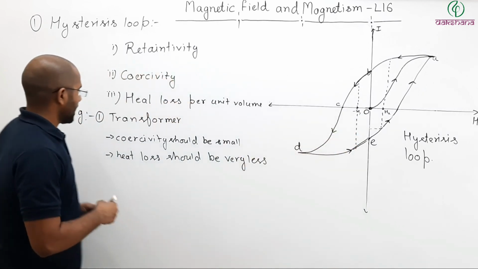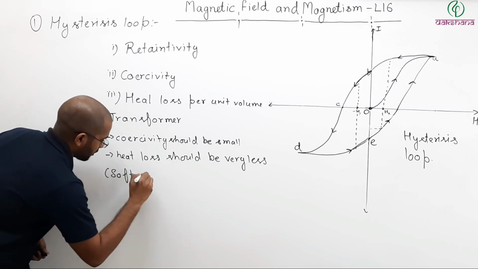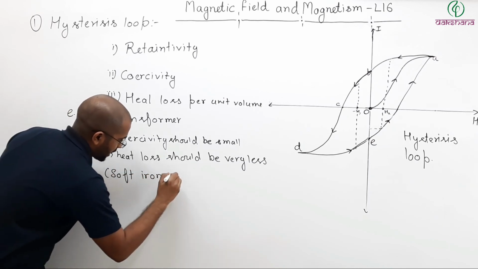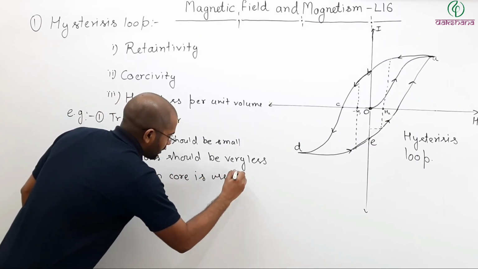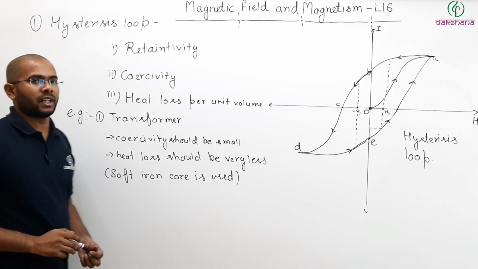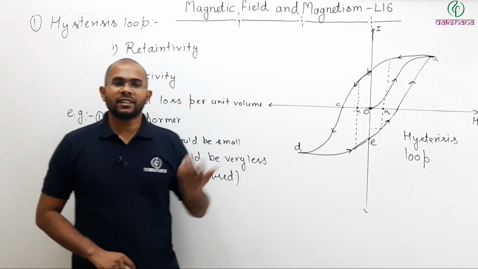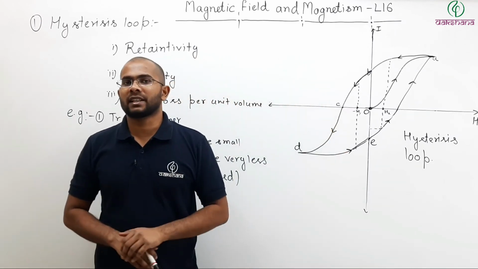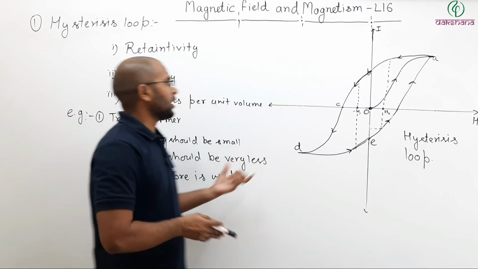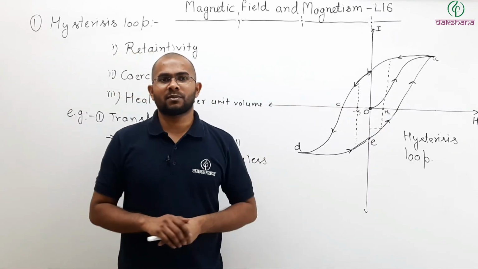So in case of a transformer, soft iron core is used. What is the property of soft iron core? It is very easy to magnetize and very easy to demagnetize, and heat loss is very small. Now how can you judge that heat loss is small?